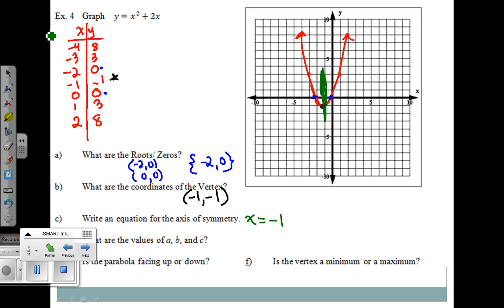And now for the values of a, b, and c, we could just match it up with this. We see that a is 1, b is 2, and again, c is 0. Parabola is facing up, and the vertex is a minimum.